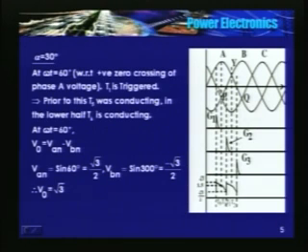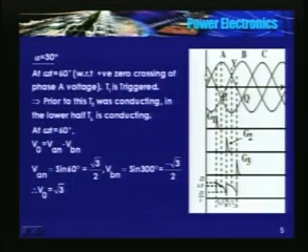So the positive crossing of the source current can be at this instant. If alpha is equal to 0, the positive crossing could have been somewhere here. Now with alpha equal to 60 degrees, the positive crossing becomes here. In other words, I am delaying the current, so the source current is becoming more and more lagging.